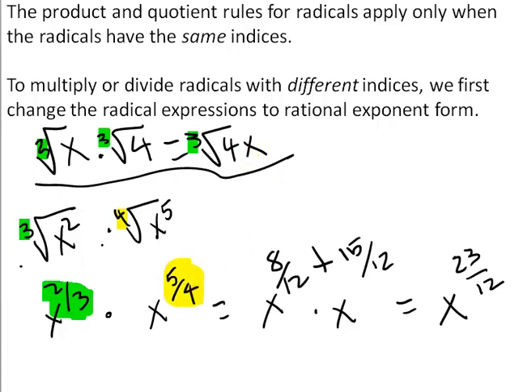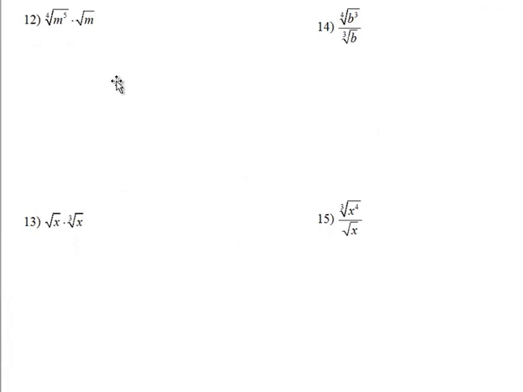So let's practice on a couple of them. Here, I'm going to ask myself first, do we have the same index? Here's 4 and here's 2. No. In that case, what I have to do is go right to fractional exponents, and this would be m to the 5/4 times m to the 1/2.